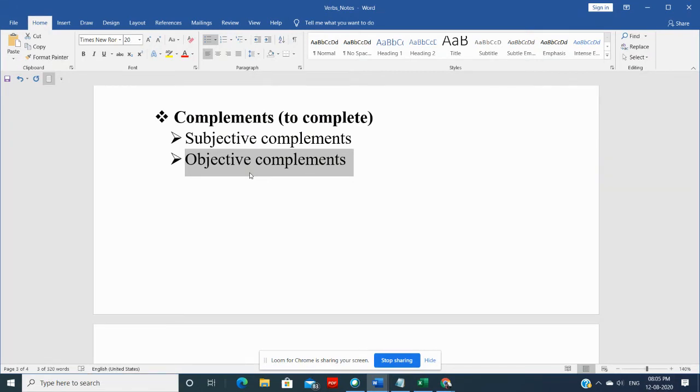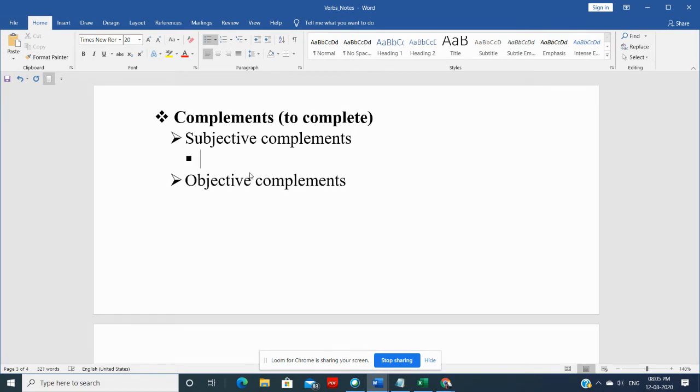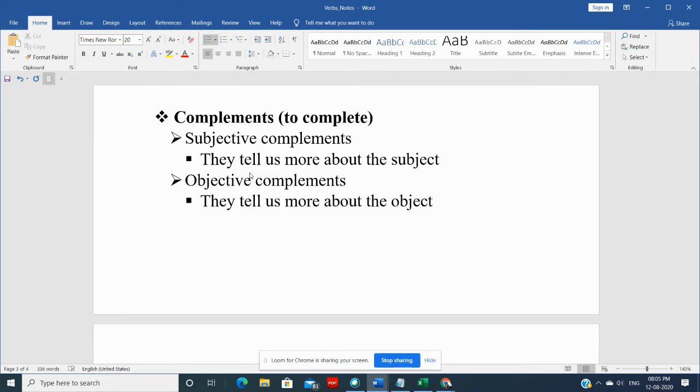We can say that a complement that tells us more about the subject is called a subjective complement. So what is a subjective complement? They tell us more about the subject. Similarly, complements, meaning words that tell us more about the object, are objective complements.